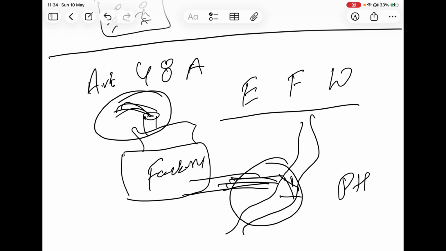So, Article 48A talks about environment, forest, and wildlife.